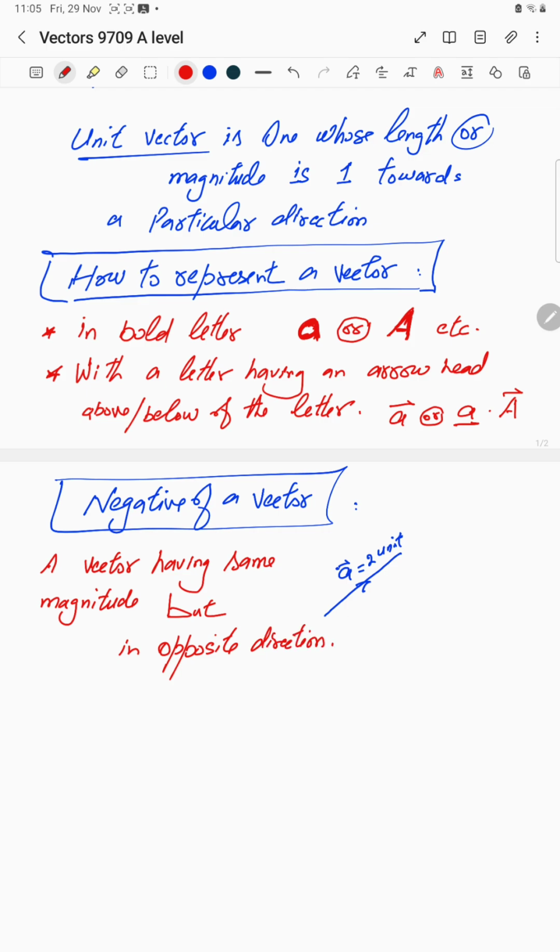Here the negative of vector A is this one in the opposite direction, having magnitude -2 units, because it is moving in the opposite direction. I hope it is clear. Fine.